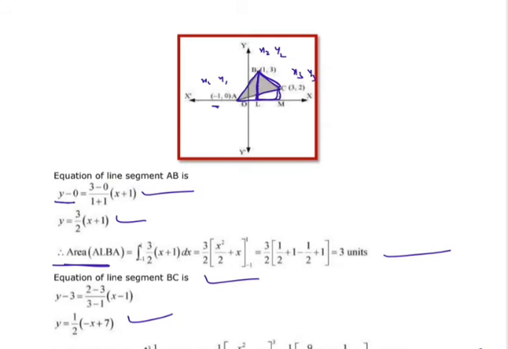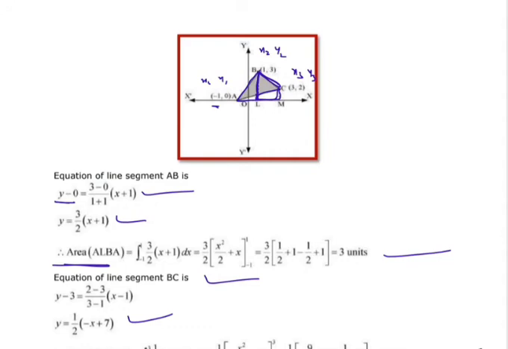So AB means x1 y1, x2 y2. So it is y minus y1, which is 0, x2 minus x1, it is 3 minus 0 by 1 plus 1 into x minus x1. x1 is minus 1, so it is plus 1.